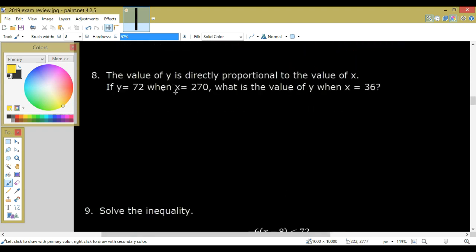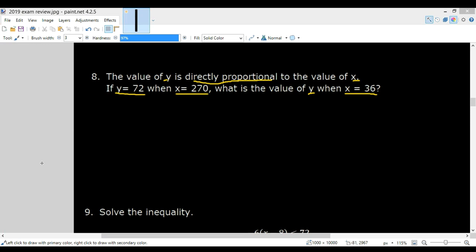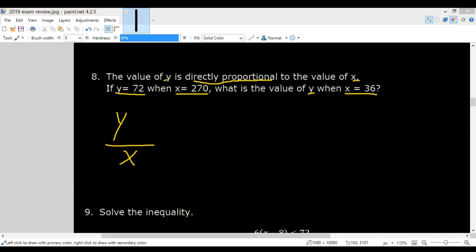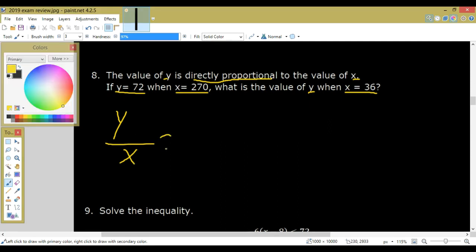Number 8, the value of y is directly proportional to the value of x. If y equals 72 when x equals 270, what is the value of y when x equals 36? So we set up our proportion. We have y over x. And we know that when y is 72, x is 270.